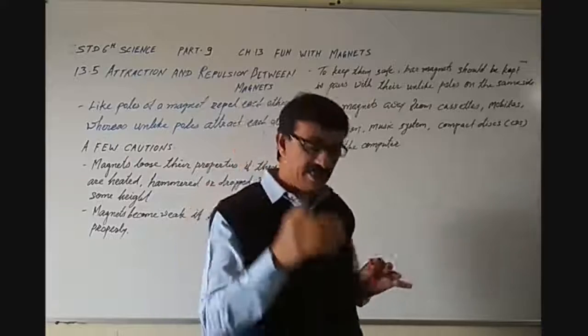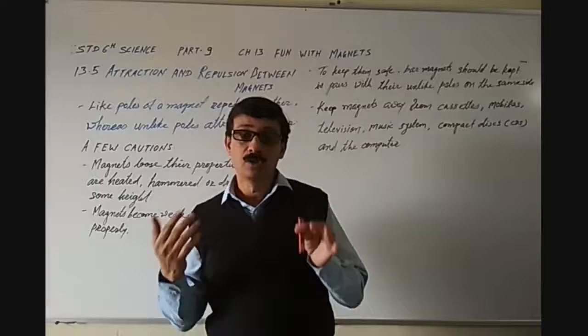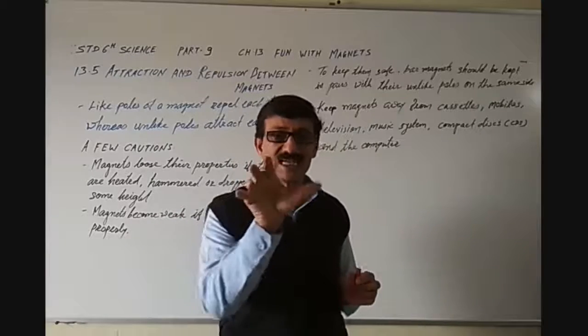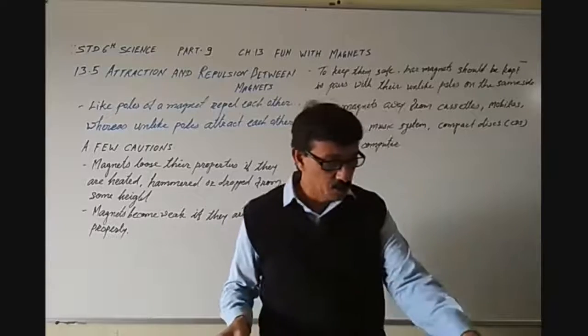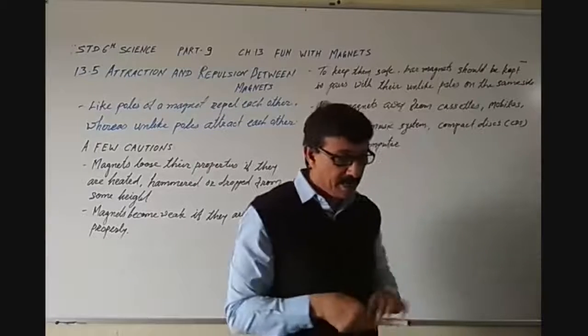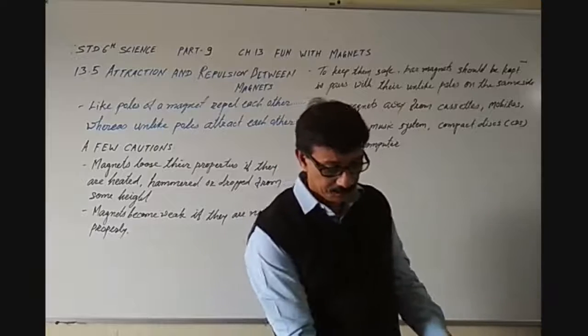Now the same thing is explained in the textbook. I will read the textbook and try to make you understand through it, and then after we will go on to discuss something else.